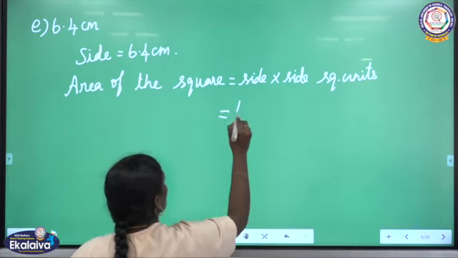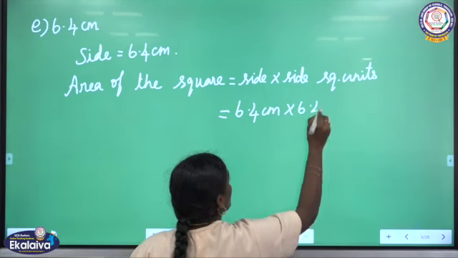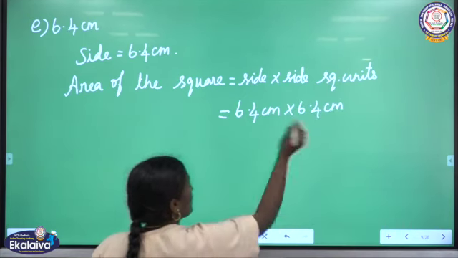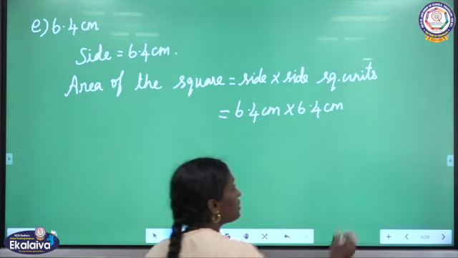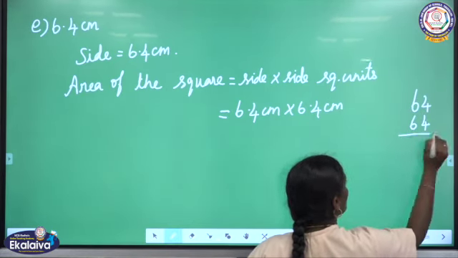So side is equal to 6.4 centimeter into 6.4 centimeter. Now we have to multiply the numbers. So we have to take as a whole number, 64 into 64.